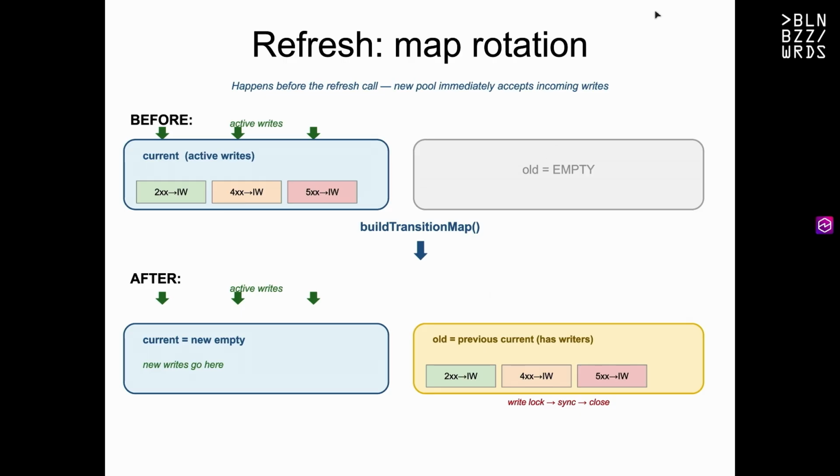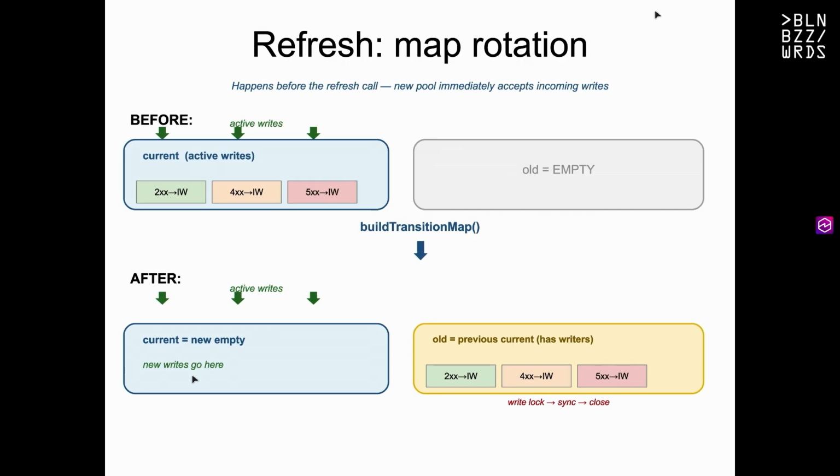Once rotation completes, incoming documents immediately create a fresh pool of writers in the current map, while the old writer map is frozen and not accepting any new writes. All active writes go to the current map.